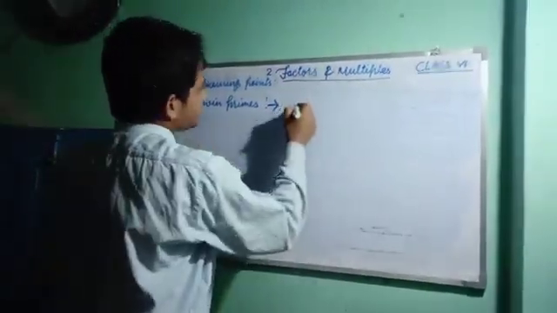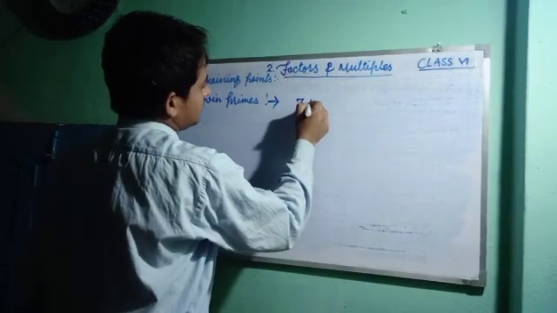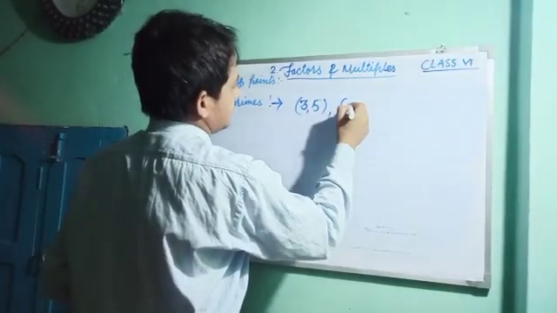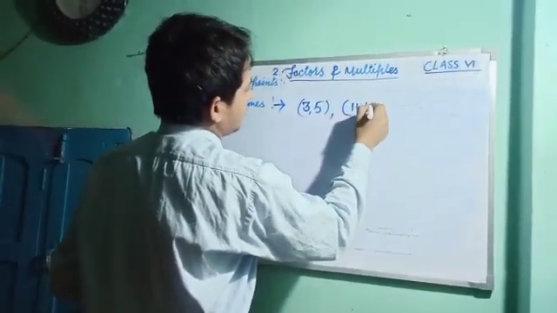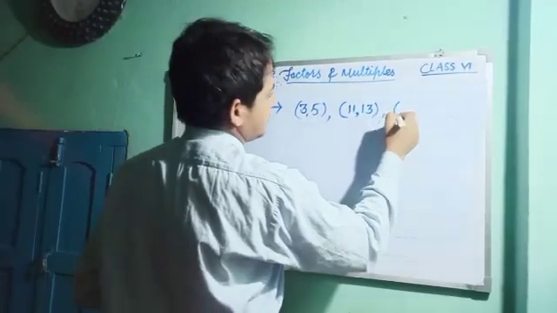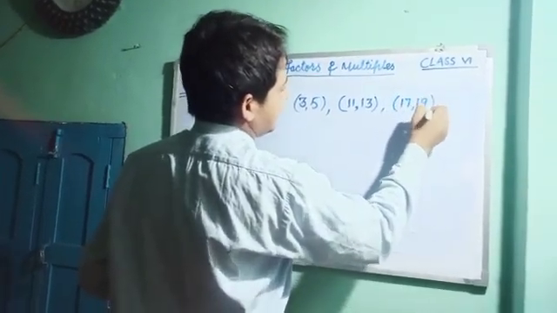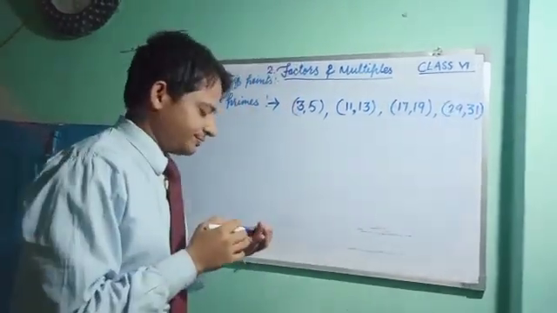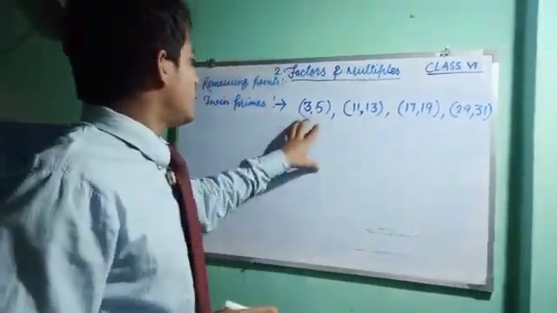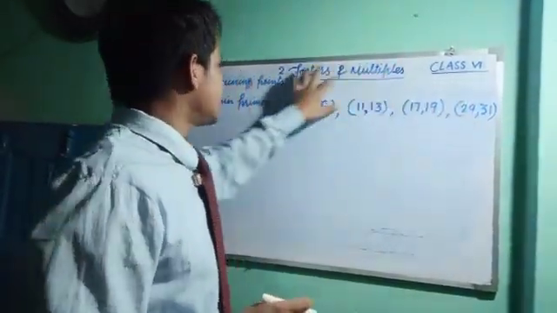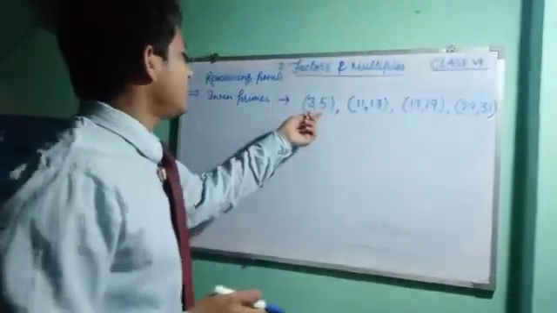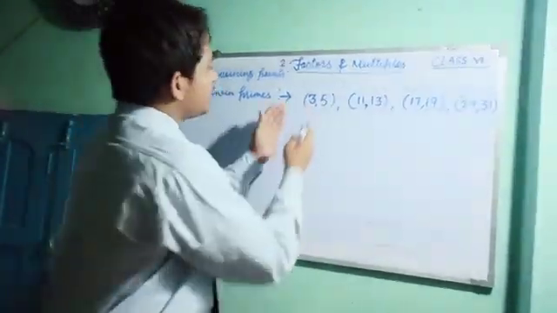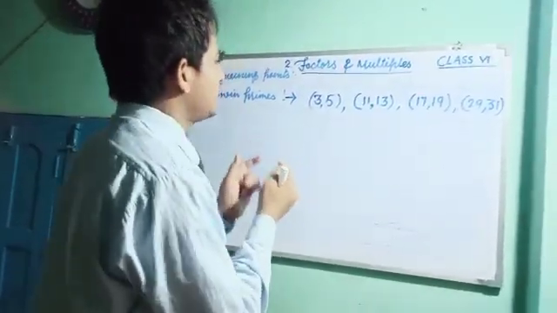3, 5, 11, 13, 17, 19, 29, 31. Now have a look. All these are pairs of twin primes, pairs of prime numbers. Have a look, 3, 5. These are odd prime numbers, and in between these two numbers there is one gap.